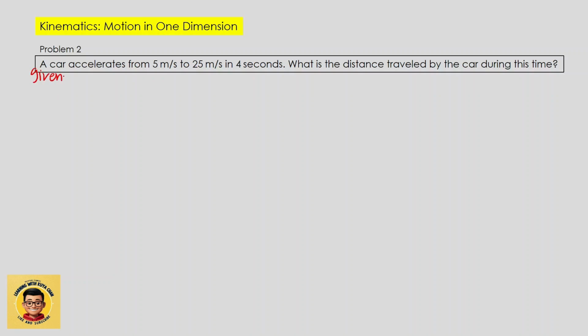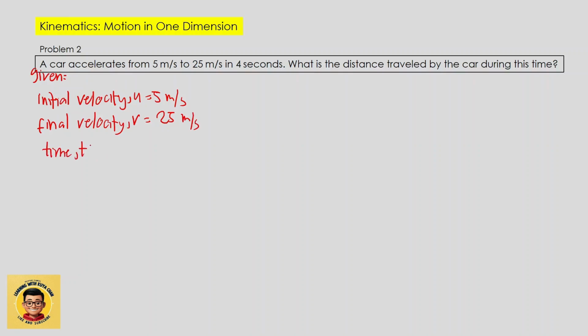So for the given, we have the initial velocity, which is equal to 5 meter per second, and the final velocity v, which is equal to 25 meter per second, and time t, which is equal to 4 seconds.